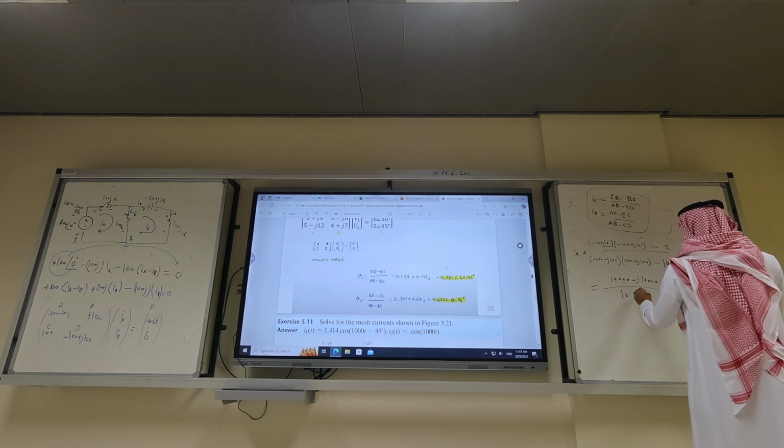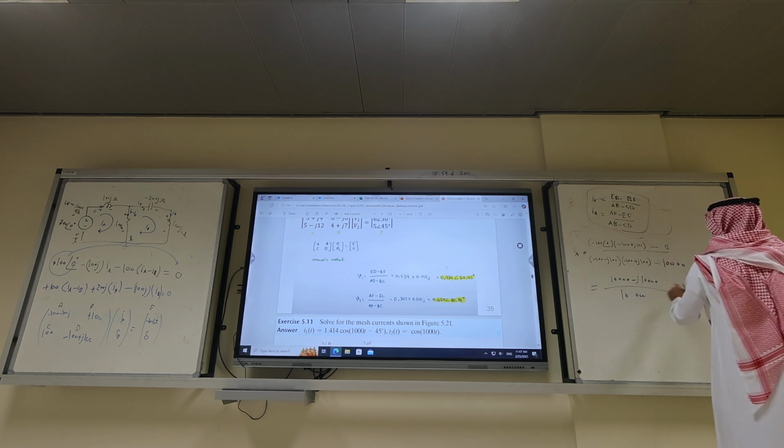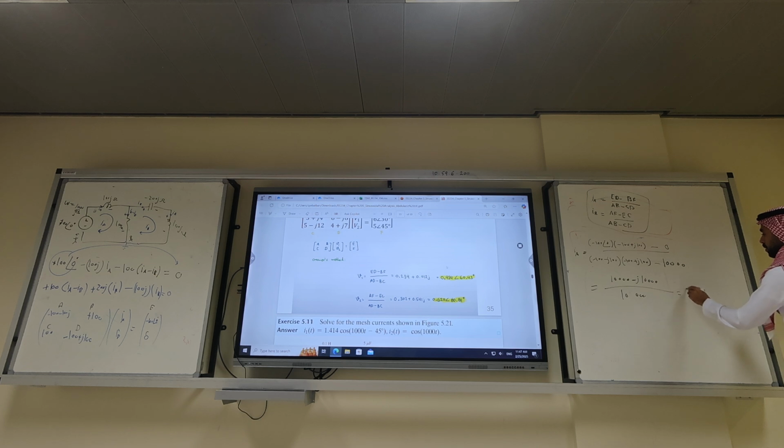That would be 10,000. So that will be 1 minus j. Converted to a phasor, it will be 1.41 angle minus 45 degrees amps.